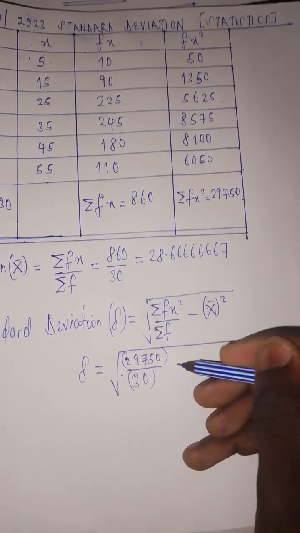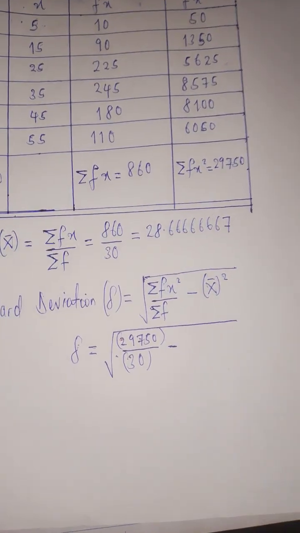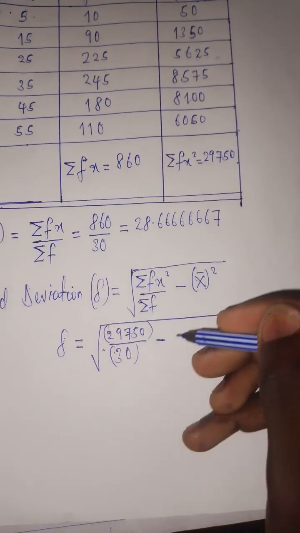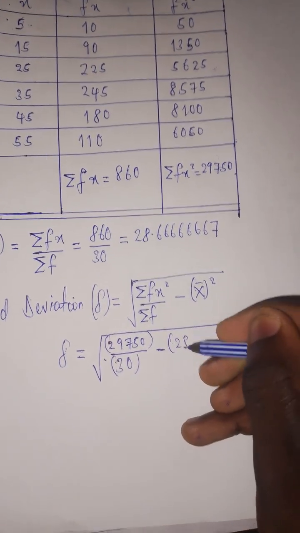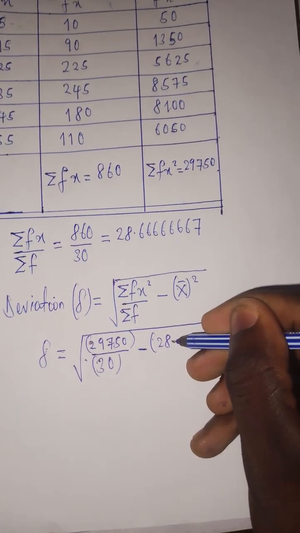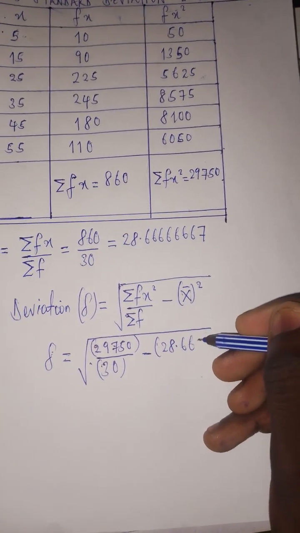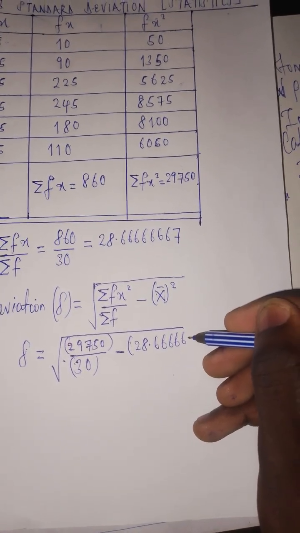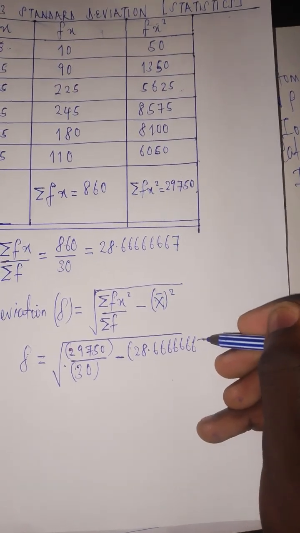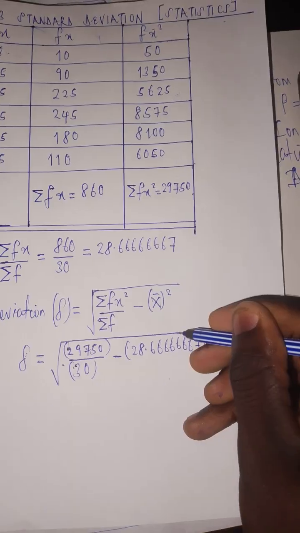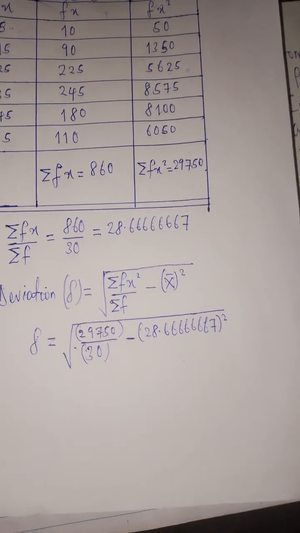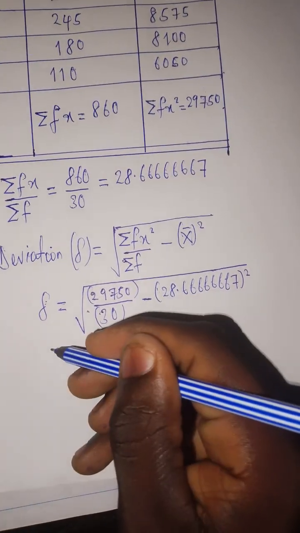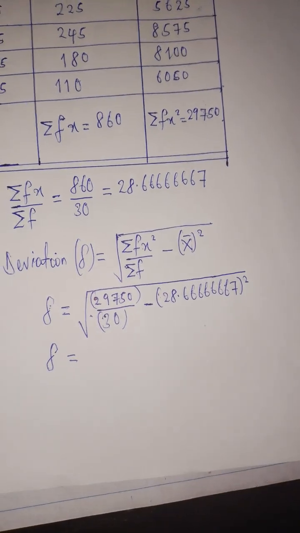I'll write this in brackets, minus the mean squared. The mean I calculated is 28.666666667. Then this will be squared. Okay, that's it.